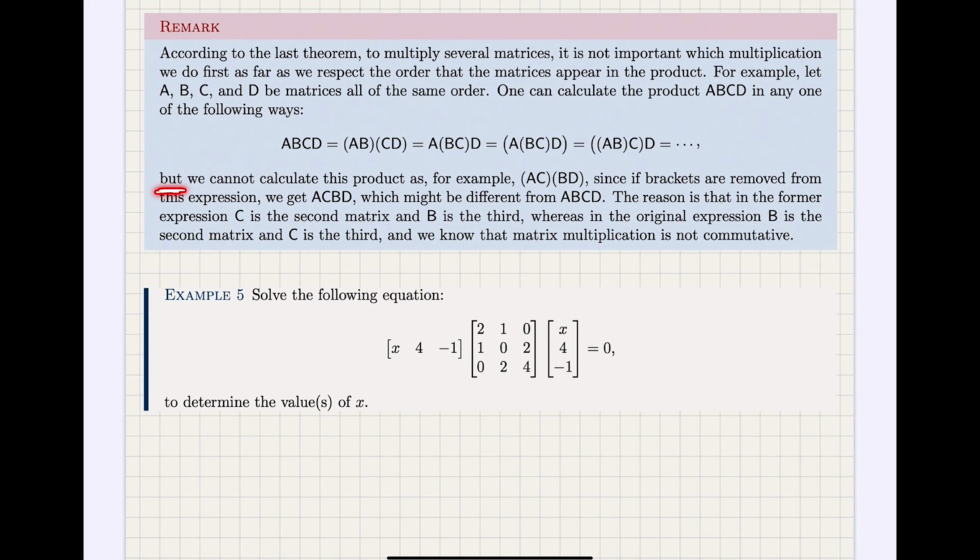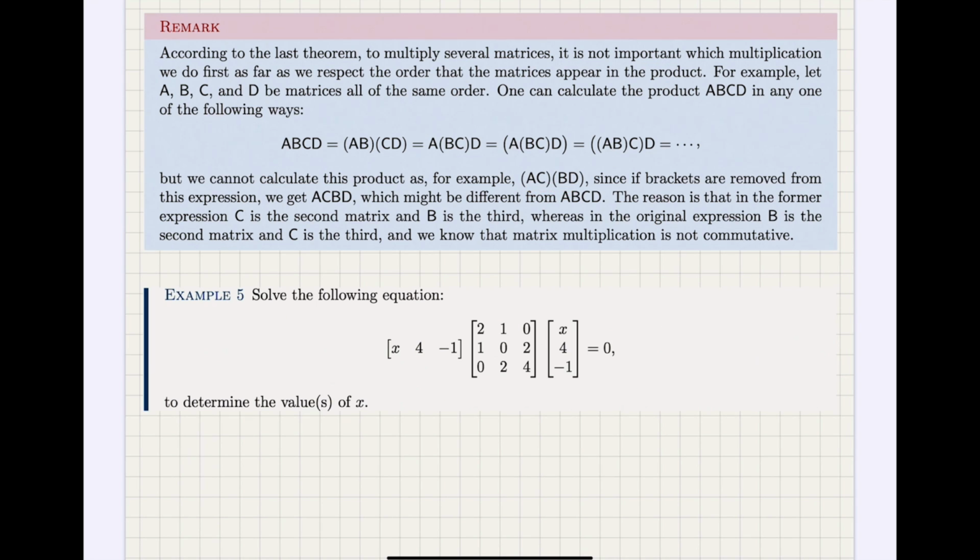But we cannot calculate this product, for example, like this. If I ask you in the exam or any question, calculate this, if you prioritize the product like this, that is totally wrong, unless you know something about commutativity of B and C, which usually you don't. So here, if you calculate this, it's wrong.